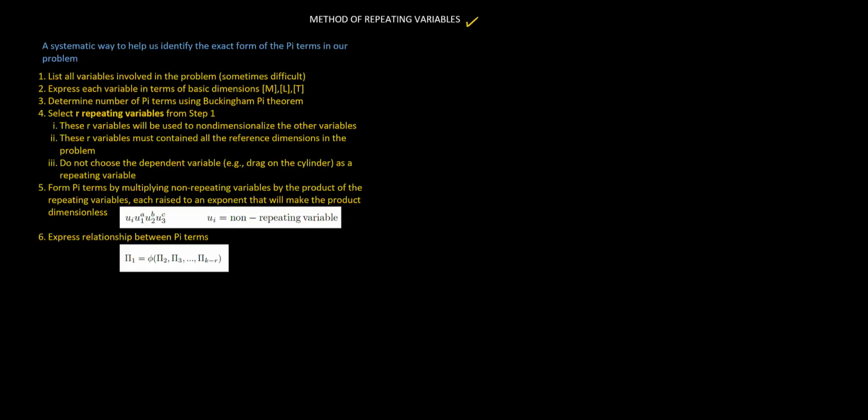Okay? And also, and perhaps this might be a bit intuitive, perhaps not, we should not use one of the dependent variables, such as the drag on the cylinder, as one of the repeating variables.